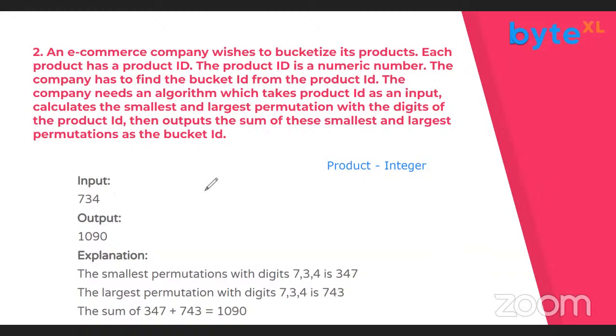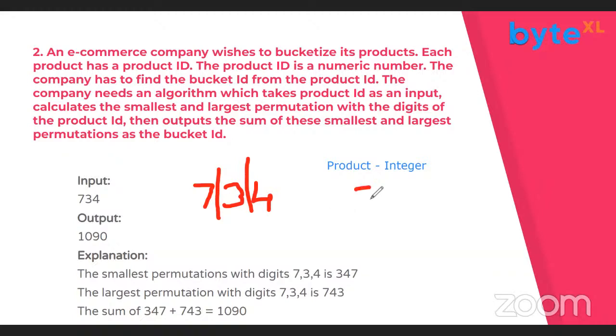While getting the input, I'm getting a single number. But while calculating the permutation, I have to split the number into individual digits, then sort them. After sorting, I have to club them together and print them as a whole number.